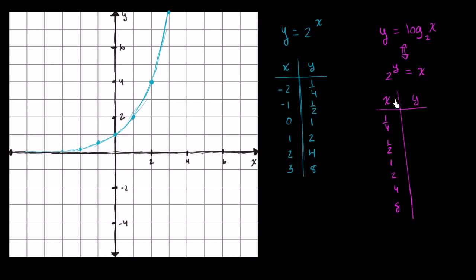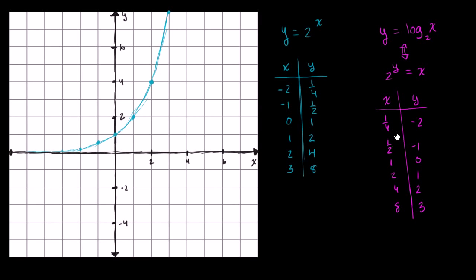So here now we're saying if x is 1/4, what power do we have to raise 2 to get to 1/4? We have to raise it to the -2 power. 2 to the -1 power is equal to 1/2. 2 to the 0 power is equal to 1. 2 to the first power is equal to 2. 2 to the second power is equal to 4. 2 to the third power is equal to 8. Notice, all we did is we essentially swapped these two columns.